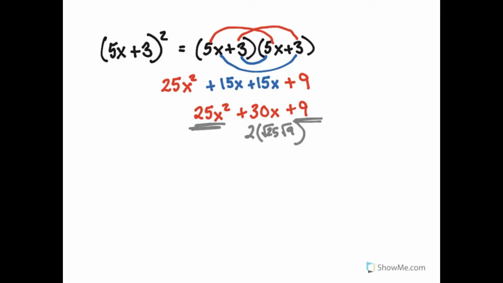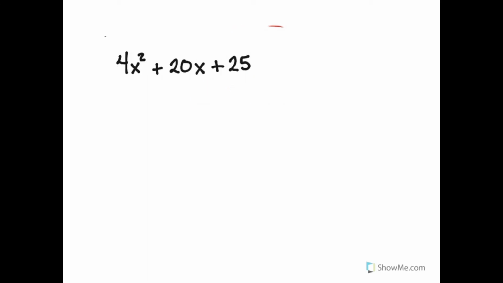Let's use that analysis to factor a perfect square trinomial. Here we have 4x squared, that's a perfect square, plus 20x plus 25, that's a perfect square. If this factors into a perfect square trinomial, the square root of 4x squared is 2x, that's going to be the same for both, and the square root of 25 is 5, and that's going to be the same for both.